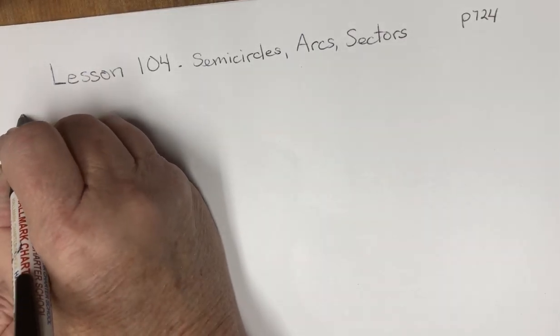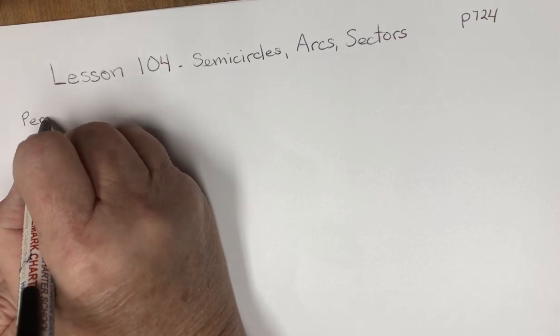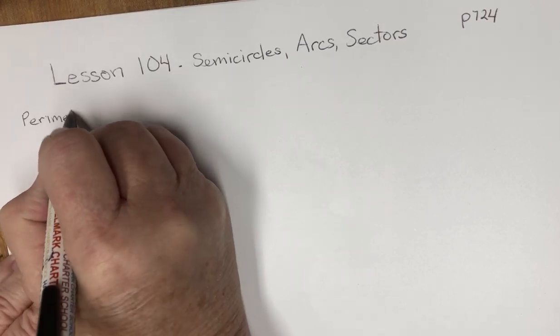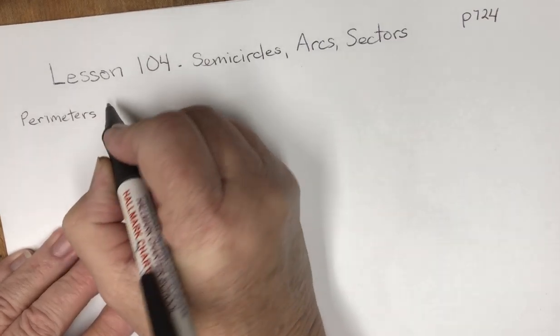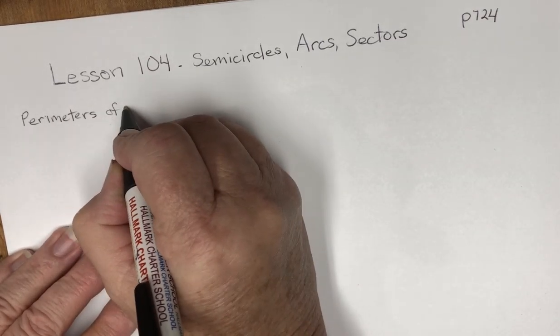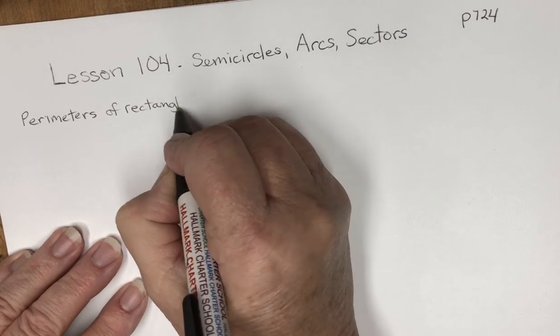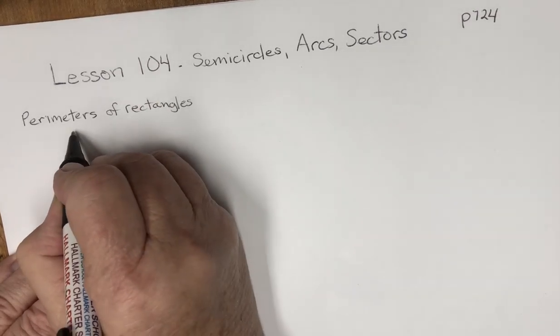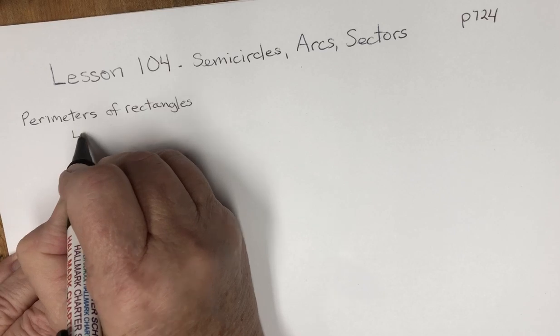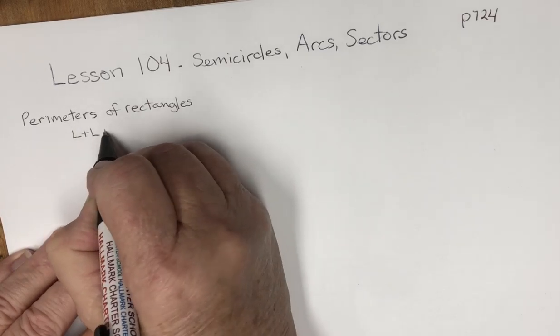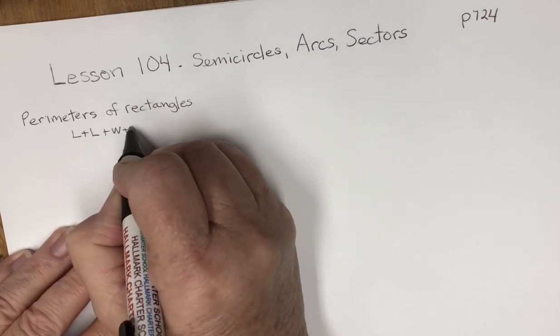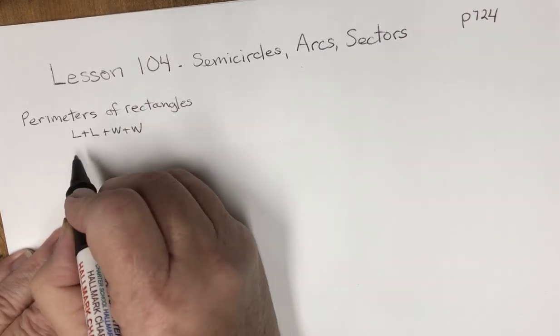So they're going to be asking you for perimeters of rectangles, and we all know how to do that. To get a perimeter, it's the length plus the length plus the width plus the width, going all the way around the rectangle.